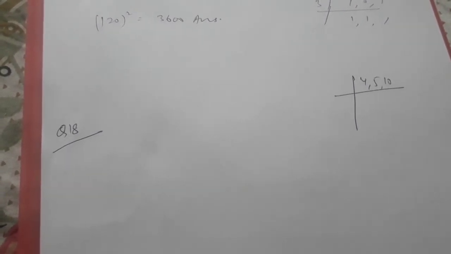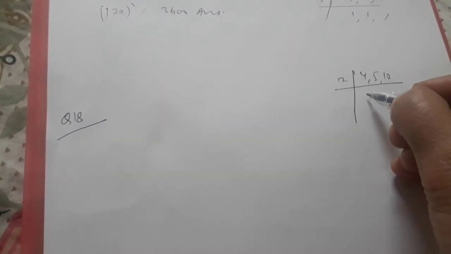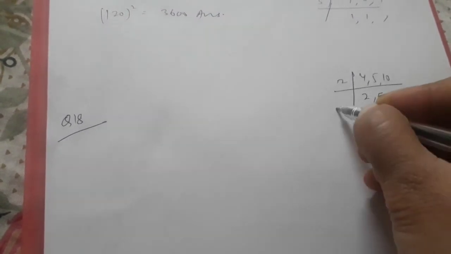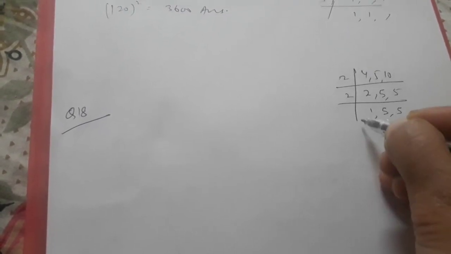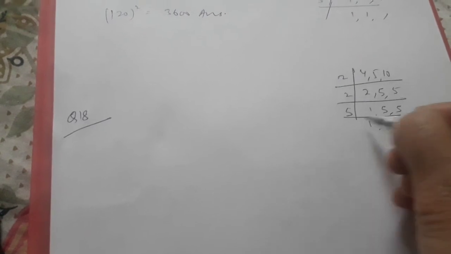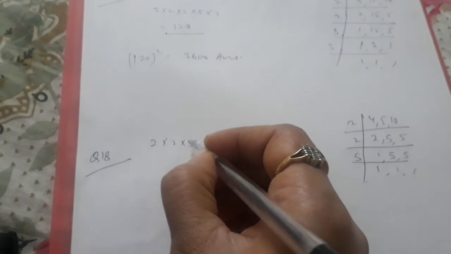For solving it, first of all we will take the LCM of 4, 5 and 10 all together. That is, 2 2s are 4, 5s are 5 and 2 5s are 10. Again it will go by 2 only, then it will go by 5. So we can say 2 into 2 into 5.